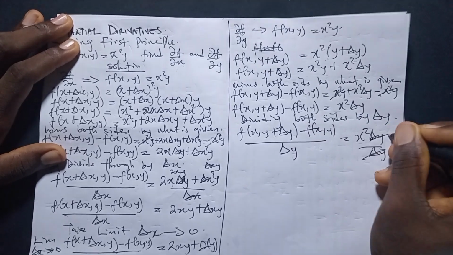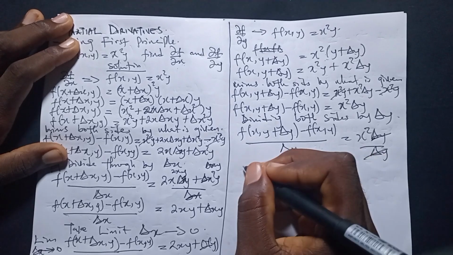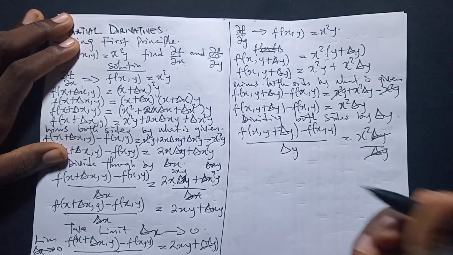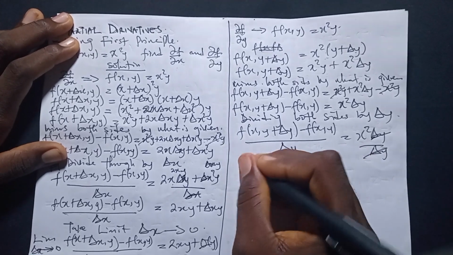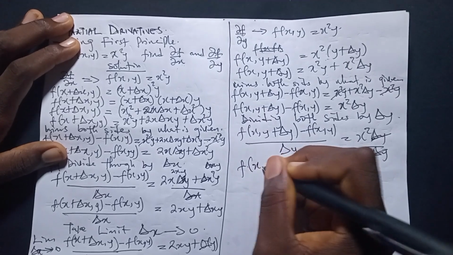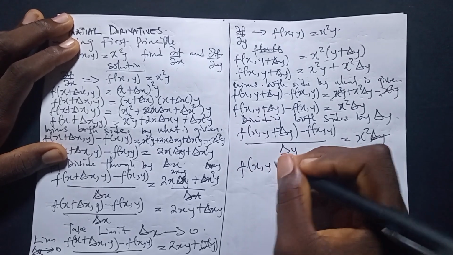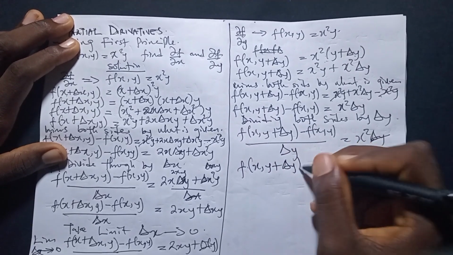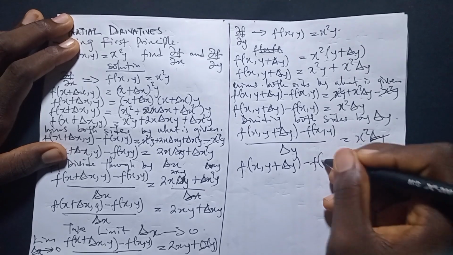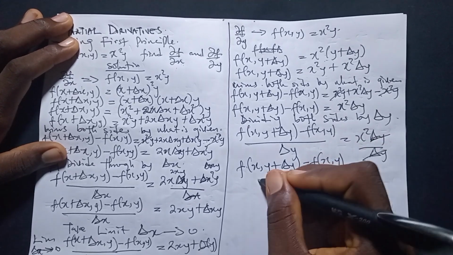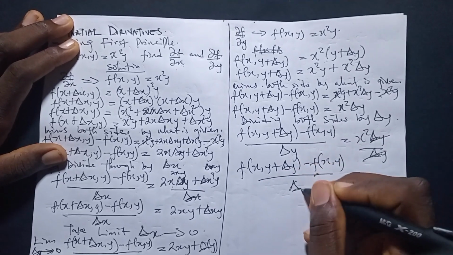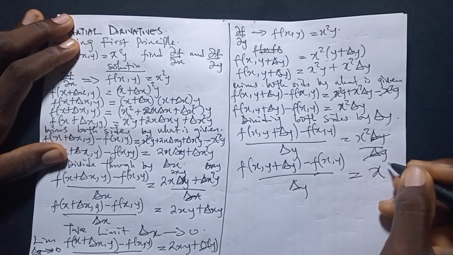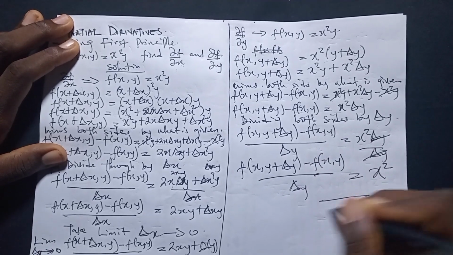So this can cancel out this, and we are left with x squared. So there is no need of taking the limit. So our answer is f of x, y plus change in y minus f of x, y over change in y equals x squared. So this is our answer.